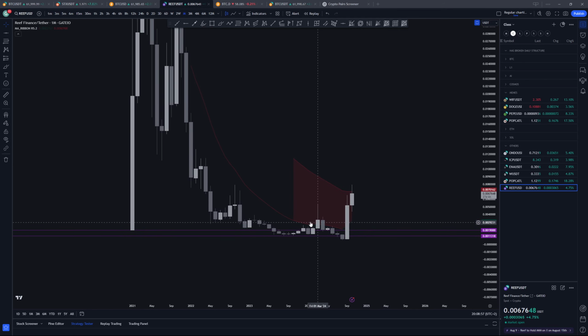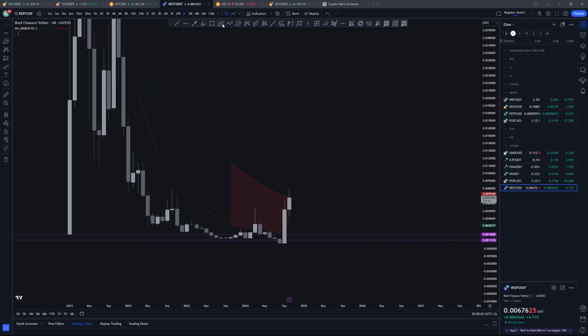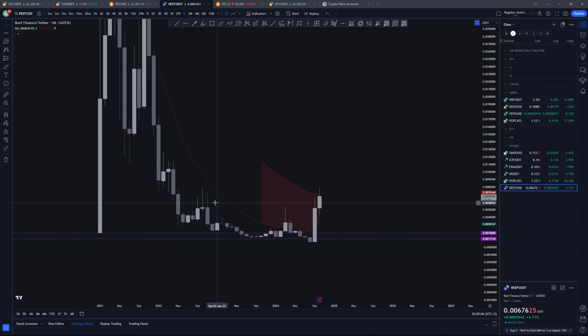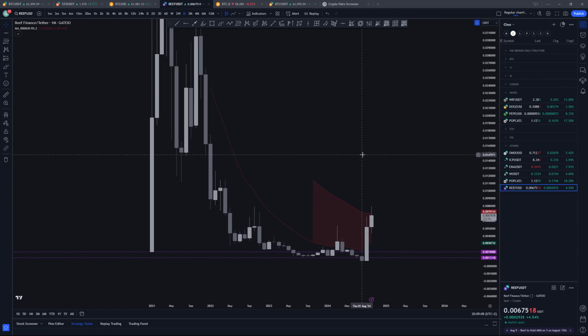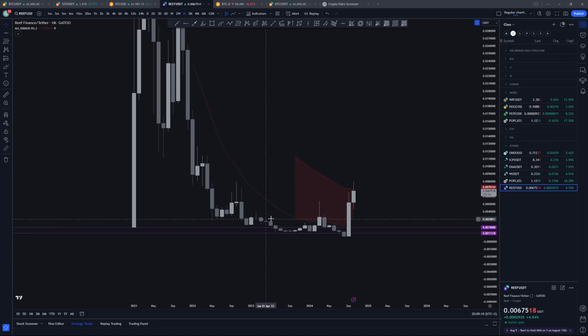So in general, I am mostly excluding these kind of coins from my list. However, this coin seems to be properly breaking out of this entire consolidation range. So out of these coins, this one looks a bit better. In general, I would always watch out for stuff like this. If you start building below this area, you want to stay away from it in general.